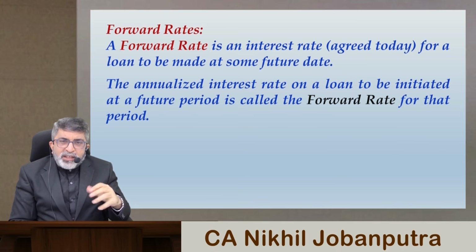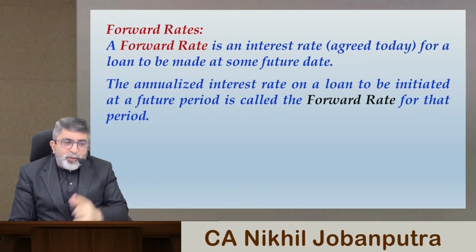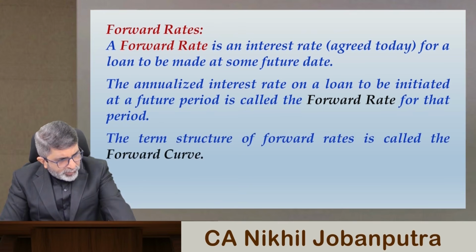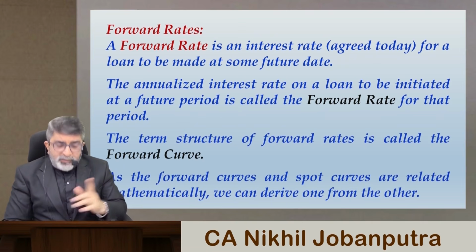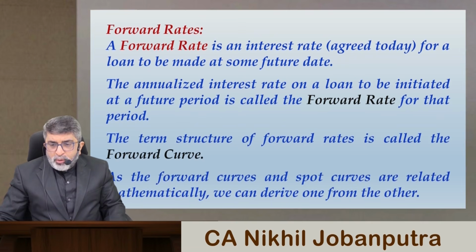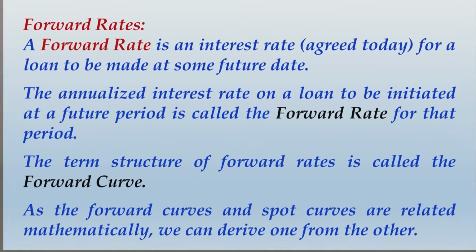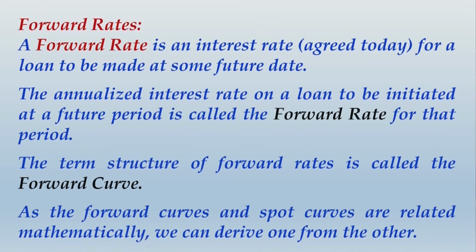So the forward curve indicates the term structure of interest rates when it is a forward rate. Let me give you a couple of lines on the forward curve as well, and I would want you to write these notes, and once you are done with writing these notes, we will move ahead.